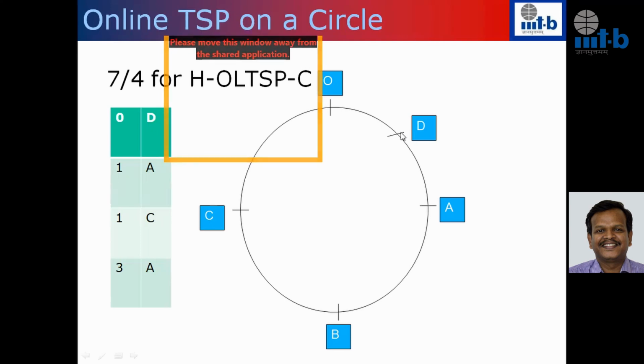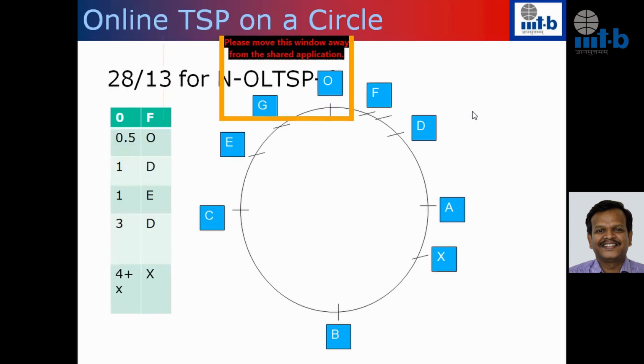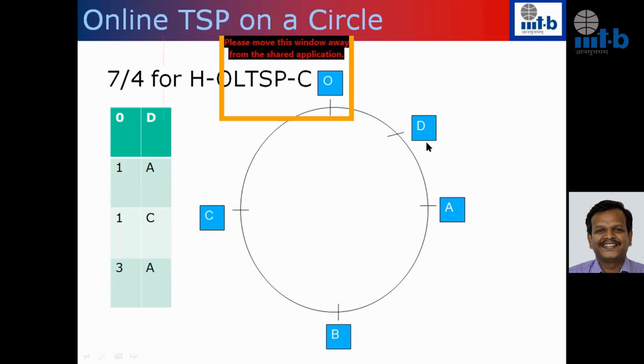Since there is only one request, the online algorithm will move towards it, serve it and come back. Since it's a homing case, we will assume that after it serves this request D, it'll come back to the origin. If it continues to move in the clockwise direction instead, then we can create another set of inputs where the algorithm will do very badly.